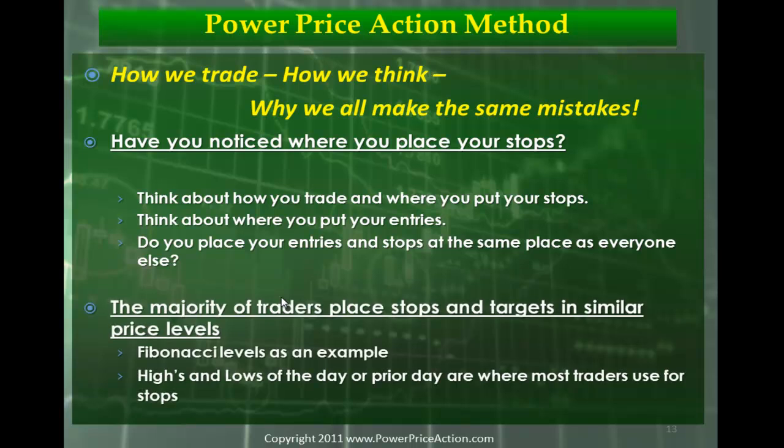The majority of traders place stops and targets in similar places. They place them at Fibonacci levels, they place them at the high and low of the day, or the high and low of the prior day. This is where most traders place their stops. But more importantly, besides this, have you ever entered a trade and looked at where you place your stop?